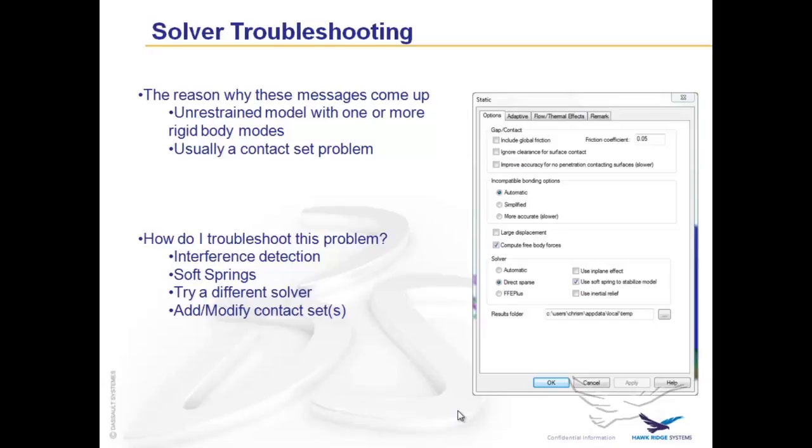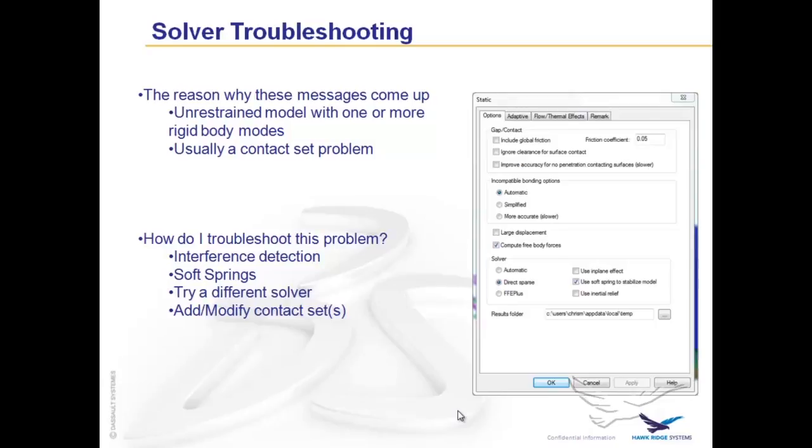Really, they're little stiffeners or springs that will stabilize your model. Now, I wouldn't necessarily use this for day-to-day analysis and trying to get good numbers, but what I would use it for is a troubleshooting tool. And so think of it as covering your model in foam so it can't really have a rigid body mode, and at least you can see what happens to your model rather than it just erroring out and not giving you any other information.